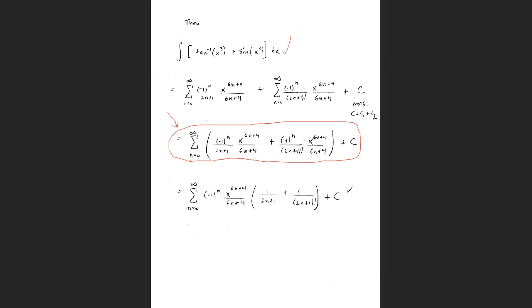It makes perfect sense that we would want to factor out a common factor. Both terms have x to the 6n plus 4 over 6n plus 4 in common. So let's factor it out.